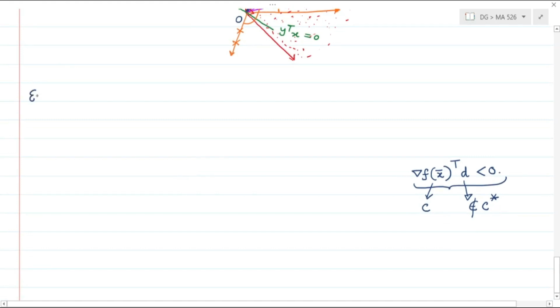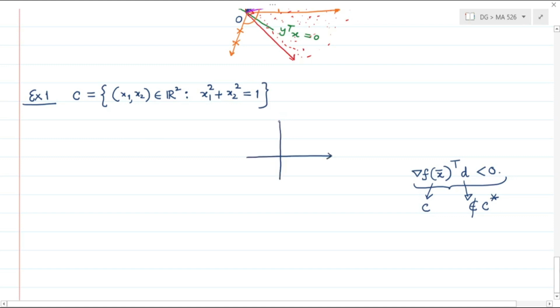The first example, example 1. Find the dual cone for the set C that is given by those points x1, x2 which are lying on the periphery of the unit circle: x1 square plus x2 square is equal to 1. Fine. What are the possible directions in the dual cone for the set C?